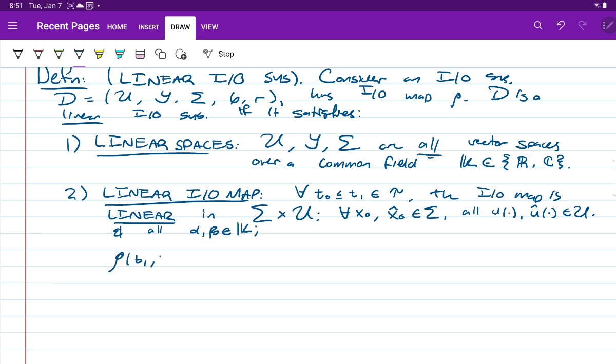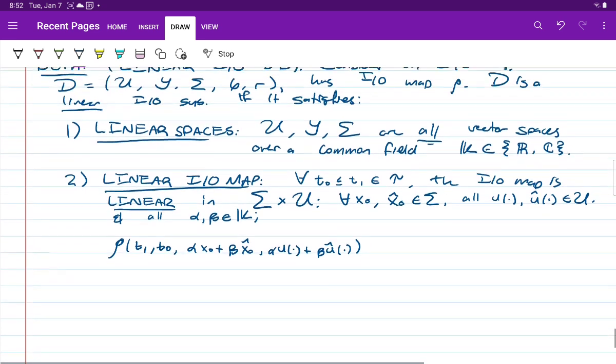I have rho of t1, t0, alpha x0 plus beta x0 hat, alpha u plus beta u hat is equal to what, right? Take a moment to think about this before I write it down. See if you could think about what a linear structure might be. Okay, I'll assume you've given this some thought. Let me write it out.